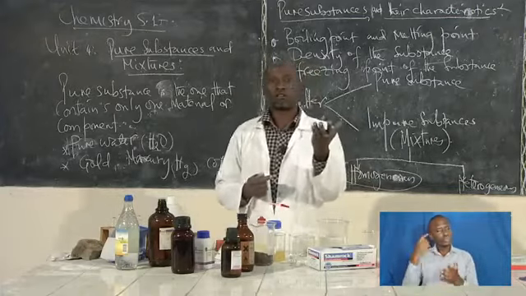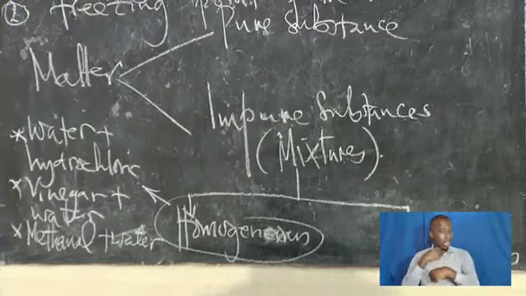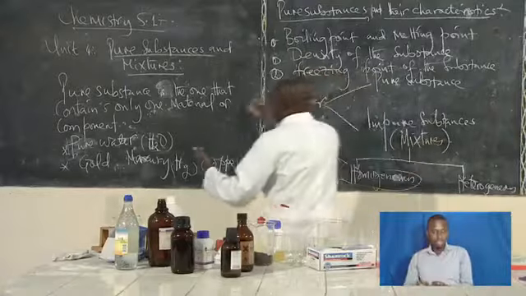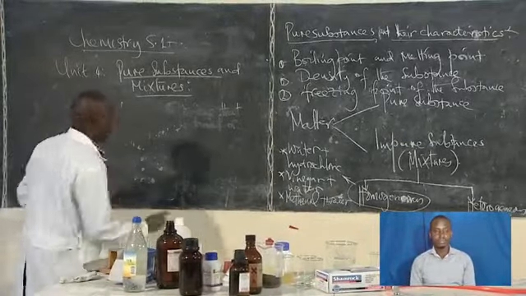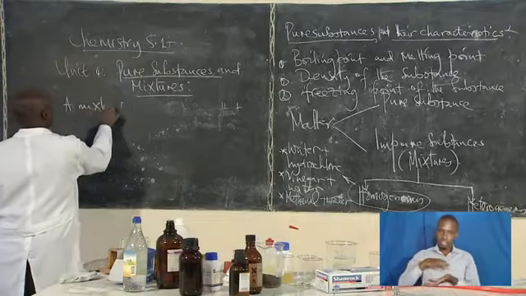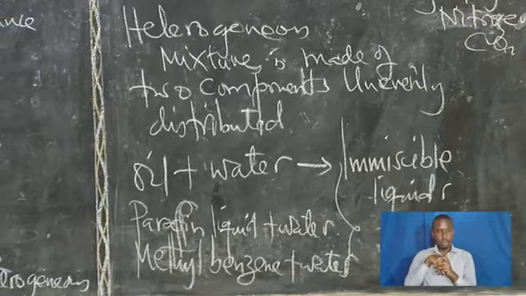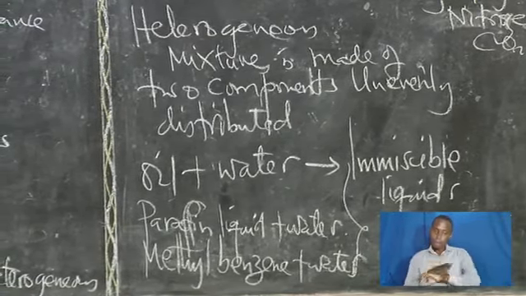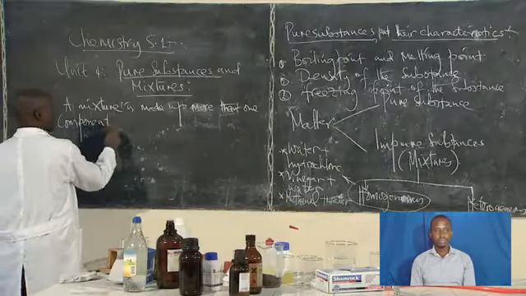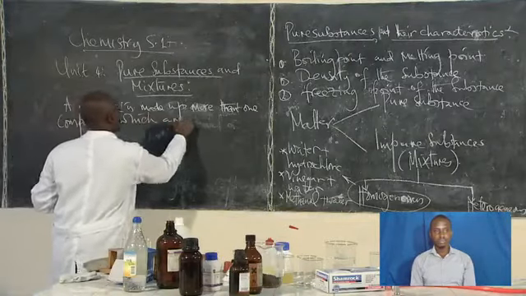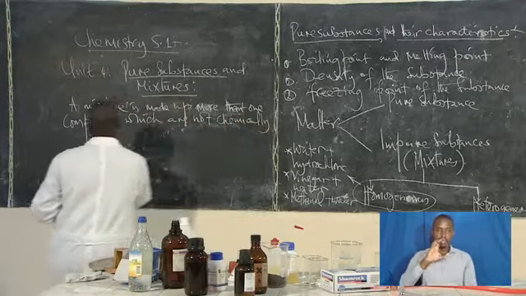So what is a mixture? A mixture is made up of more than one component, which are not chemically combined.